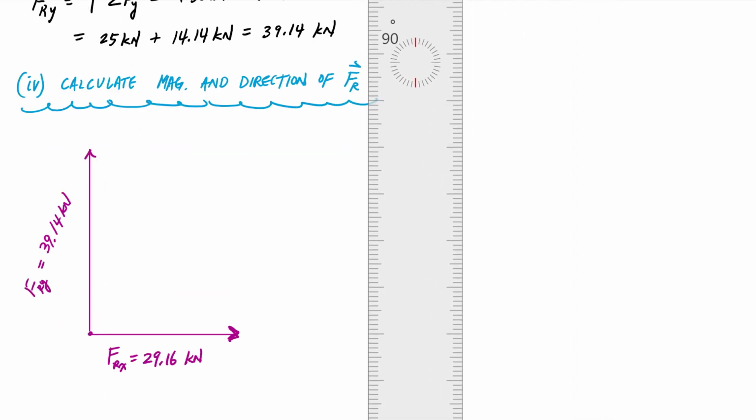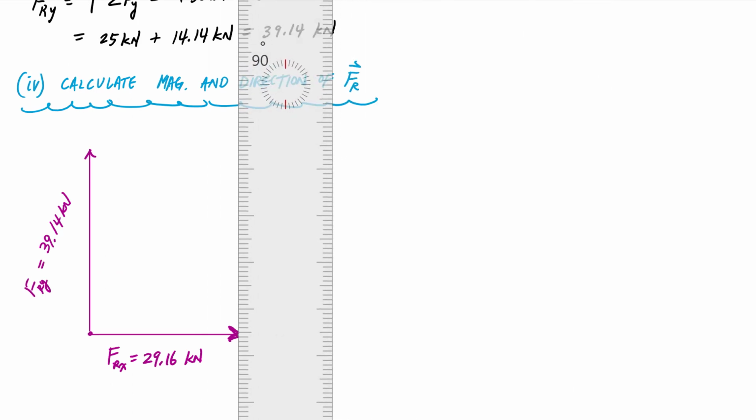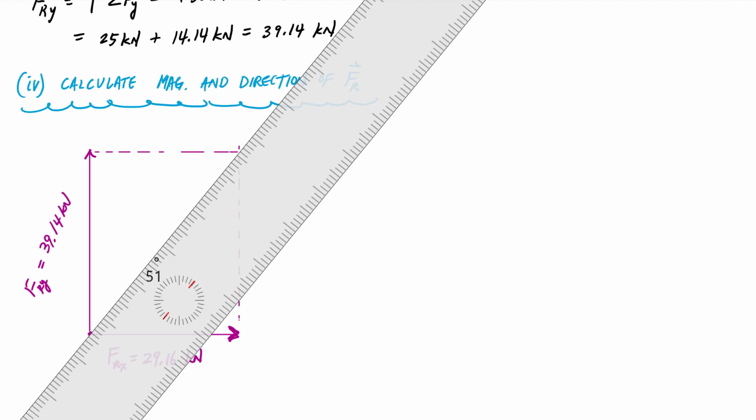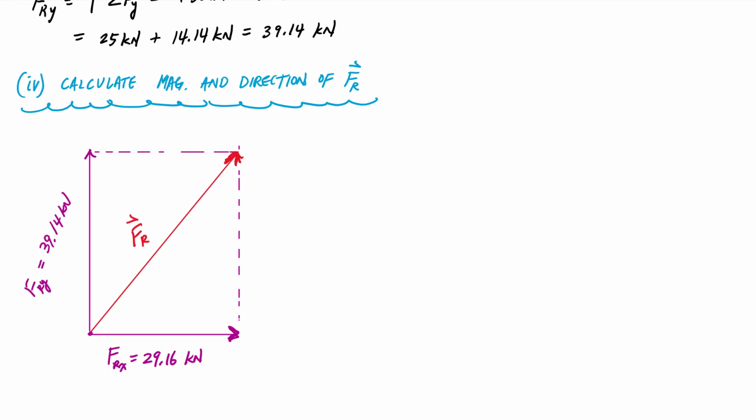By the parallelogram law, if I assemble the parallelogram, which is just a rectangle, then I know that this right here is the total resultant, FR, and the magnitude of this resultant is the square root of the sum of squares of this right triangle.